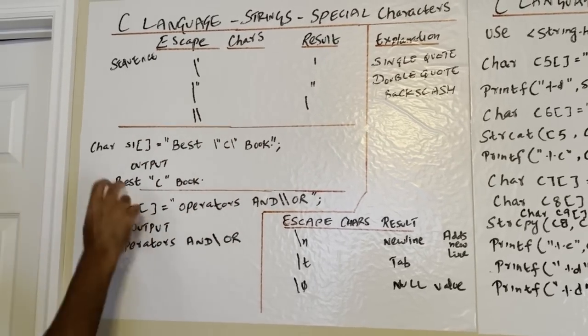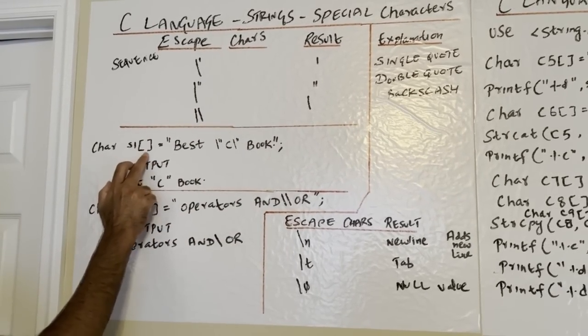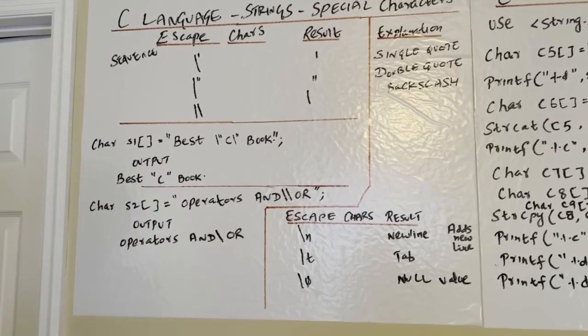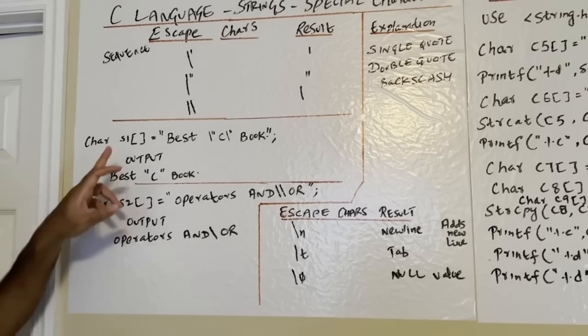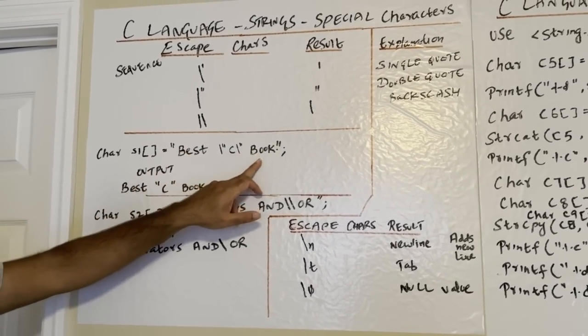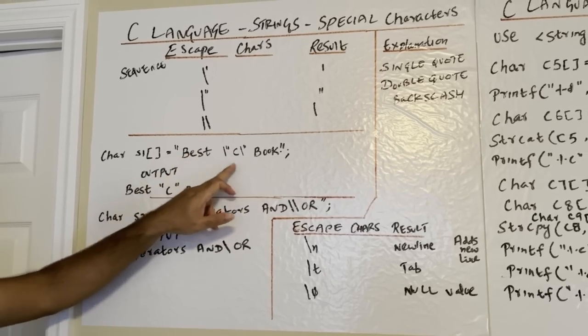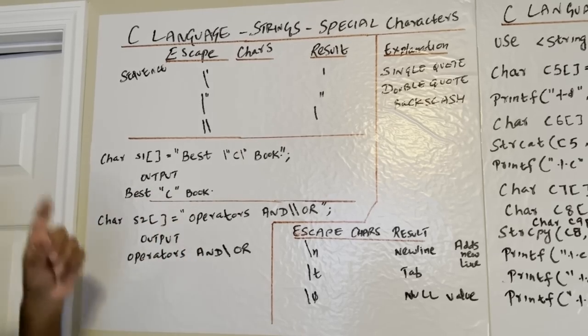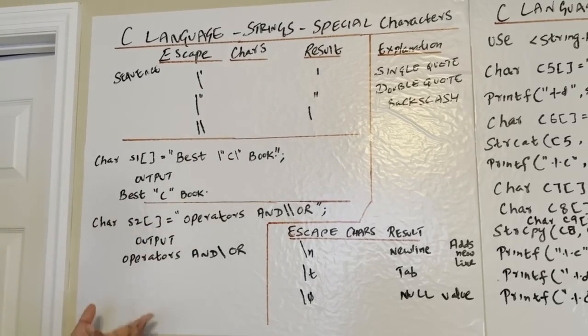For example, character S1 array. I'll start talking in array terms now, now you all know all the terminology. So S1 is a character array. Value is best book. I can call it best C book, but I want in the output double quotes, best double quote C book. How do I put it?